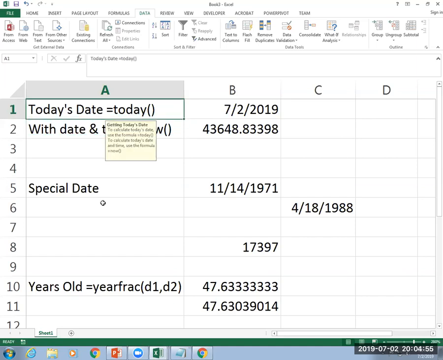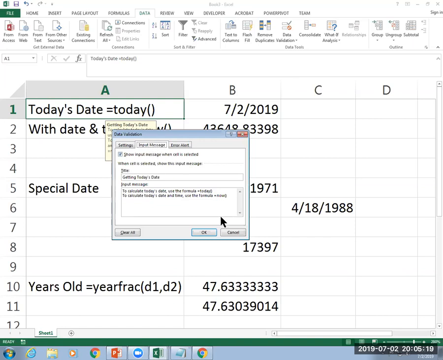So what kind of situations would you use it in? Anytime that you are creating a spreadsheet that you are sending to somebody else and you want to put in instructions, that would be when you would use the pop-up. Again, to get to the pop-up, it's in Data, then Data Validation, and then Input Message.